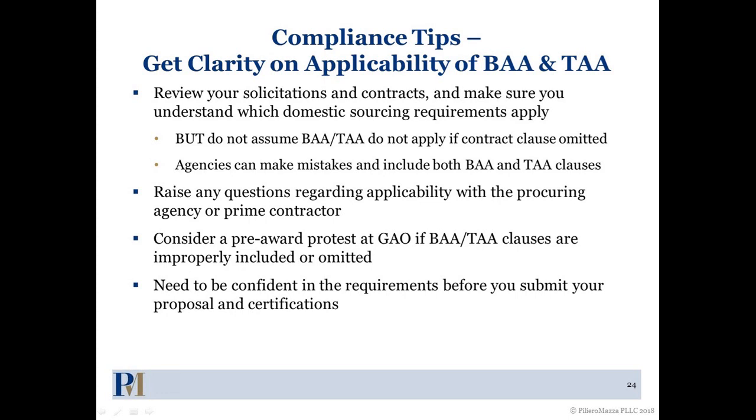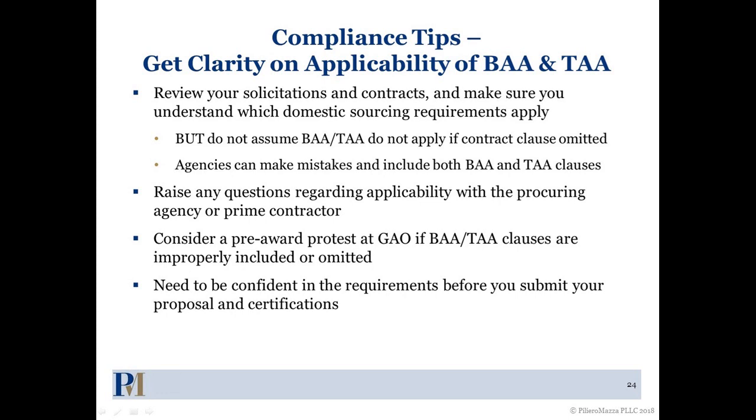Also, pay attention to requests for information from the agency. If they're looking for more information to ensure that you're compliant with country of origin requirements with the BAA or TAA, they may need more information to determine what the country of origin is, and so make sure to provide that information.